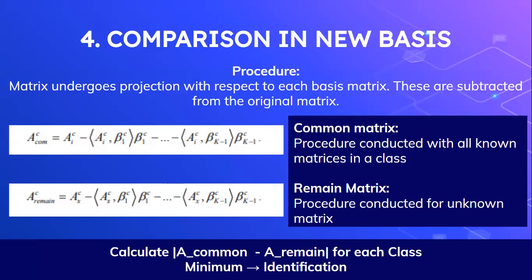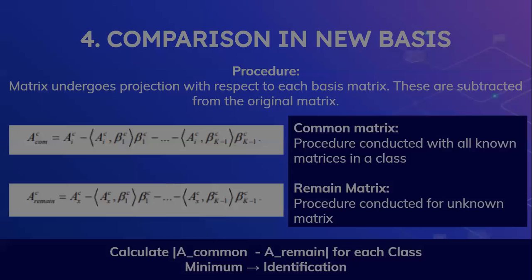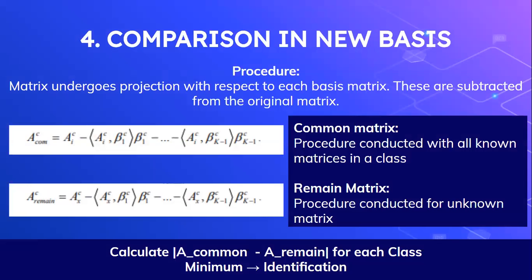So the common matrix is, let's say we have the person Amy, and we have 10 pictures of Amy. So we're going to make a basis for each of the pictures of Amy, and then we're going to take the original picture of Amy, and we're going to subtract a picture of Amy times each of the basis projections.